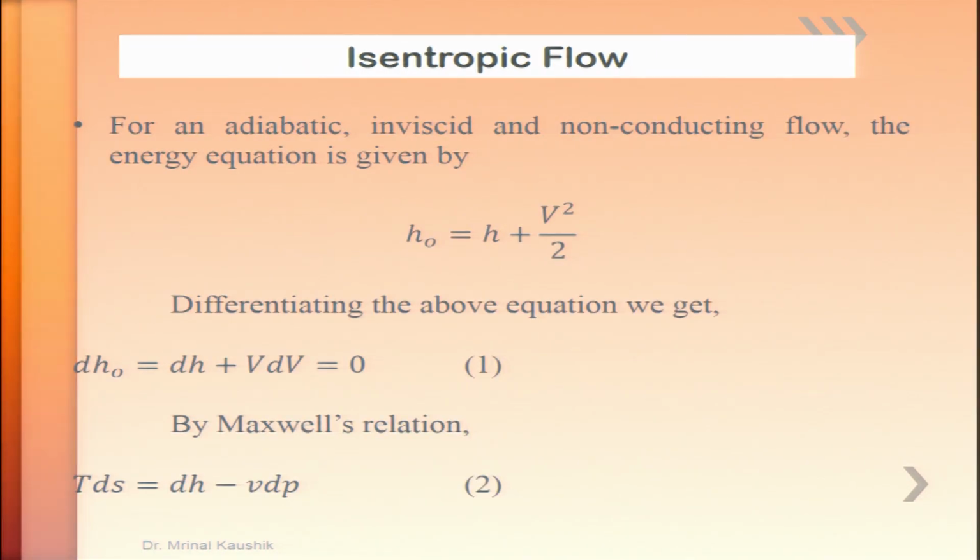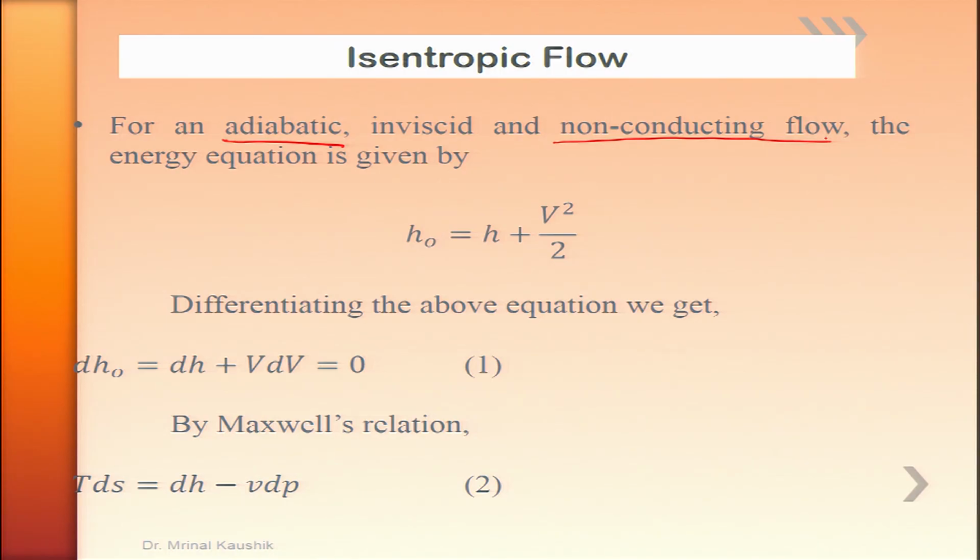Now, what we are going to say here is something like a theorem. We say that an adiabatic non-conducting flow is always isentropic. To prove this, I am having this assumption as well, that the flow is inviscid, and this can be proved right away.